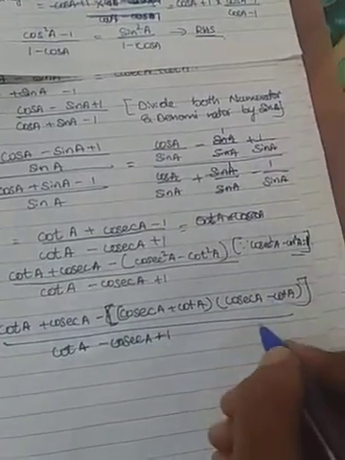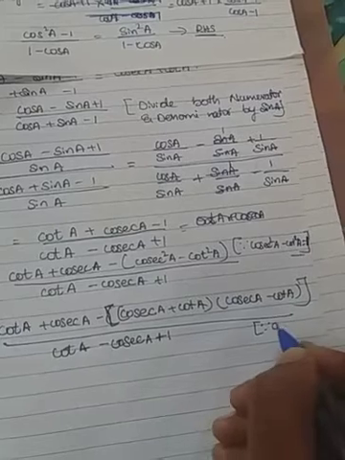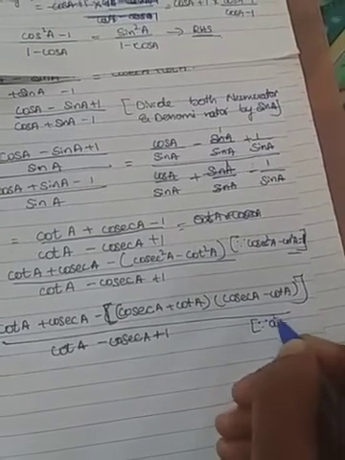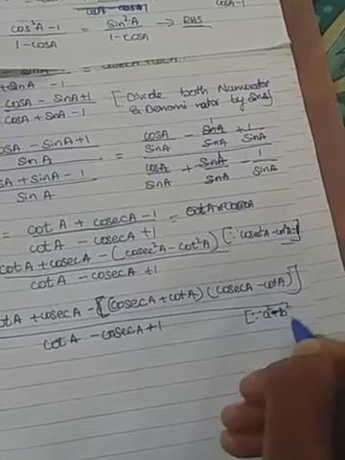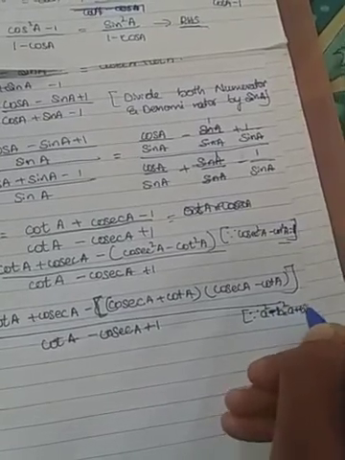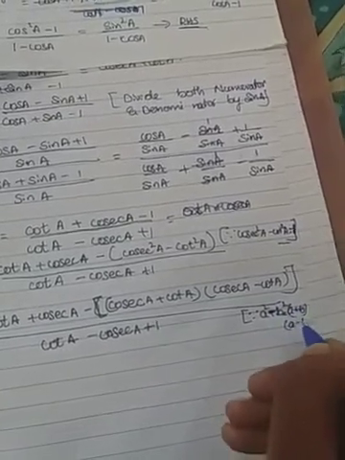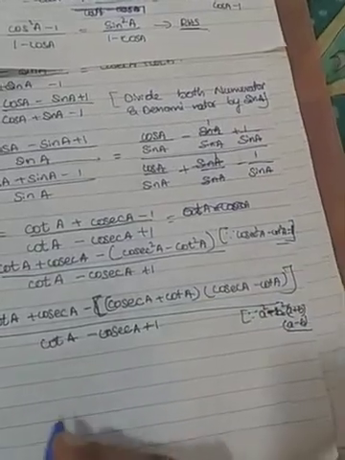Why did we write this? Because A square minus B square equals A plus B into A minus B.